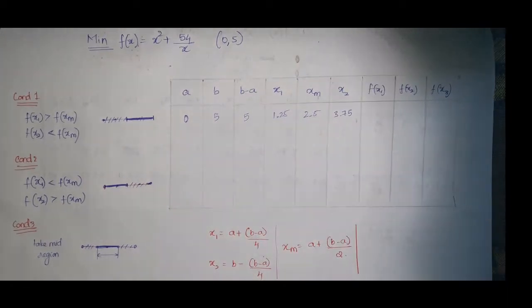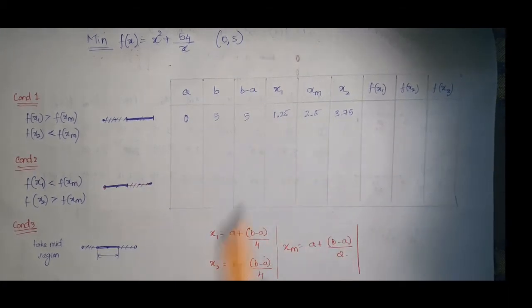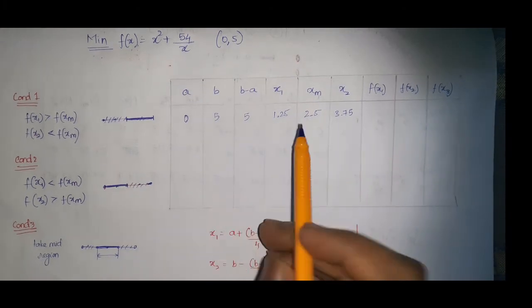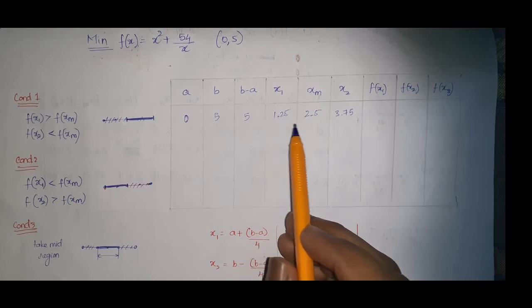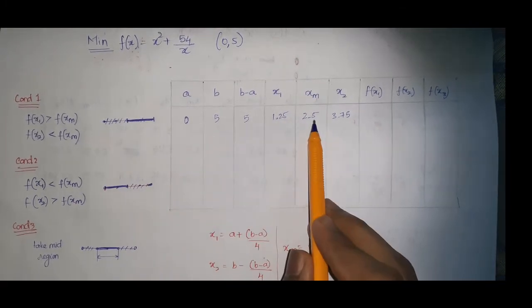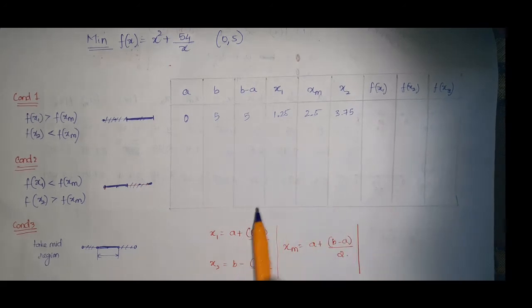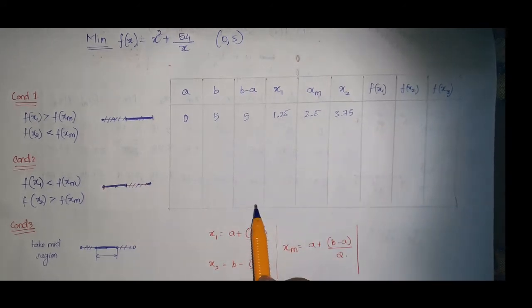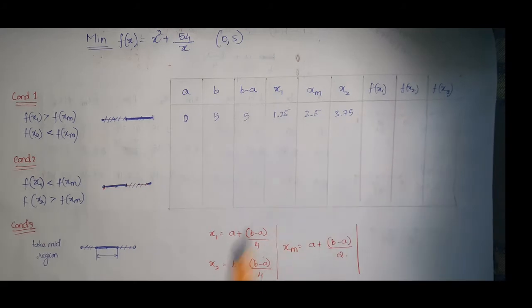If you refer back to the concept video, you will understand how these points x1, x2, it's not a big deal. It's actually just the midpoint of the given region, and from that midpoint we narrow down to another point, which is the midpoint between a and this xm. After identifying three points to divide our region, we have to calculate the function values.